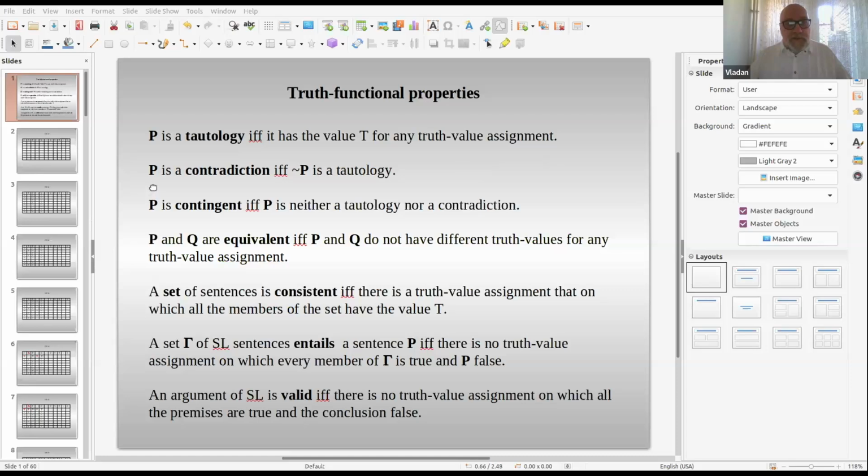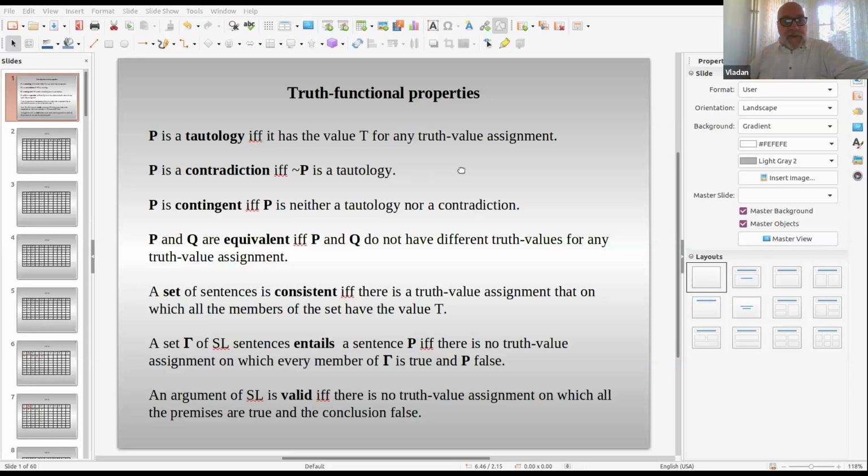The second one says that P is a contradiction if and only if not P is a tautology, which amounts to saying that P has the value F, P is false for any truth value assignment. P is contingent if and only if it is true for some truth value assignments and false for other truth value assignments.